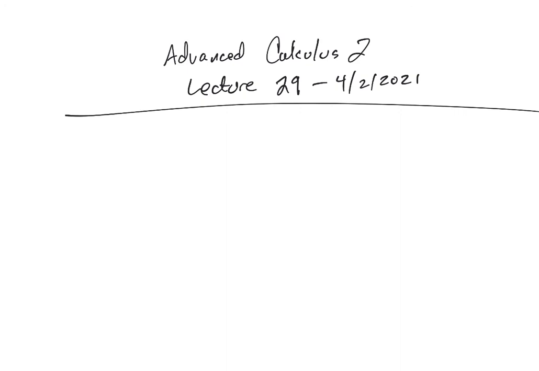Okay, in our last lecture, we saw the operator norm for a linear transformation. So if we have T mapping from Rn to Rm, then we define the operator norm of T. Now, we defined it as an infimum, but then our major result of the last lecture was that we could write it as a supremum.